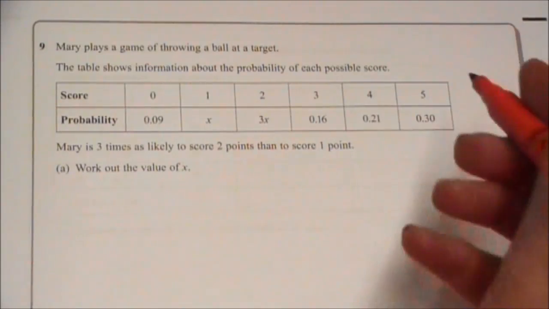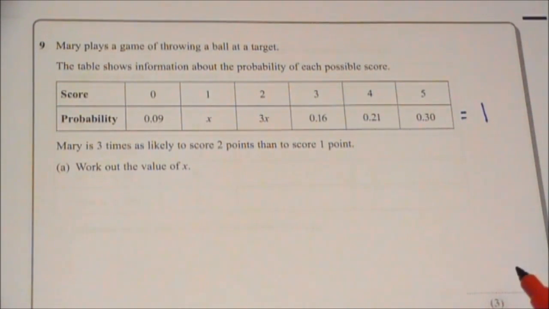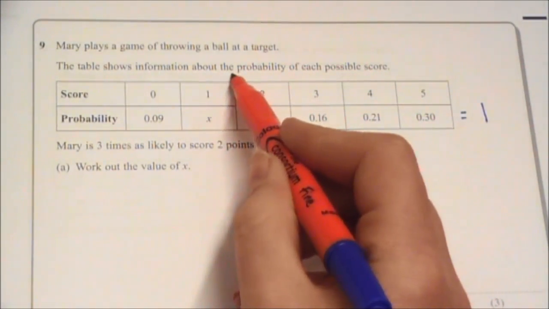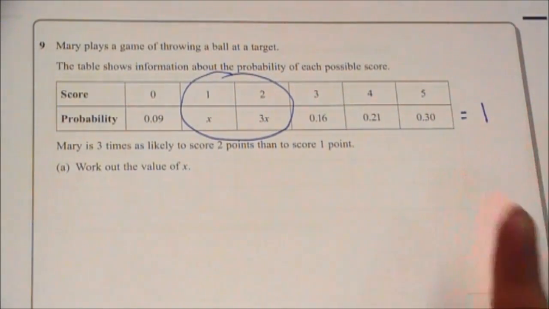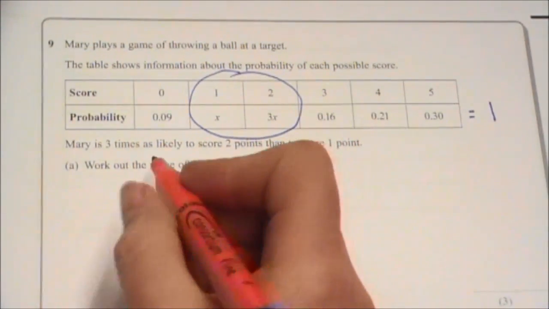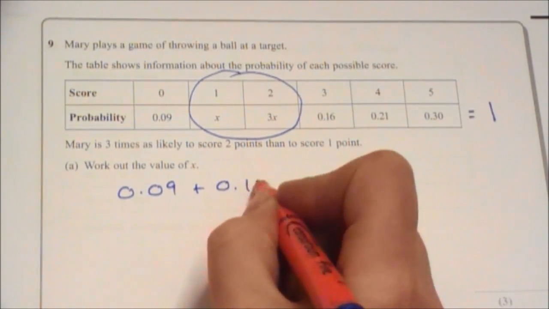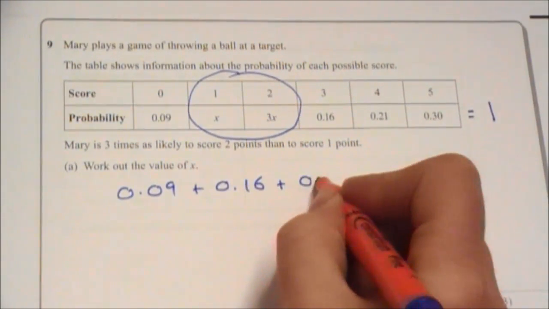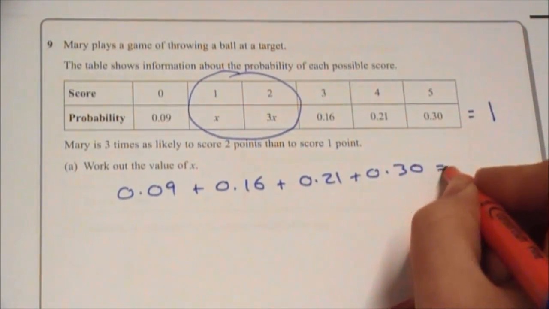Now, as always with probability, I know that the probability of anything happening is always equal to 1. So, in order to find out the probability of getting a 1 or a 2, I need to add all the numbers up. So 0.09 and 0.16 and 0.21 and 0.30.